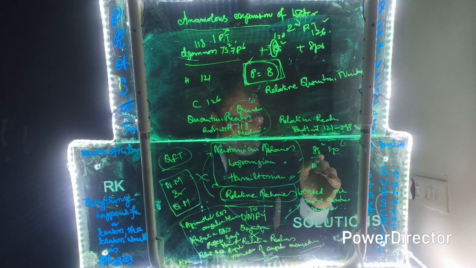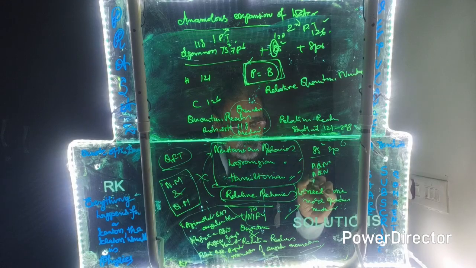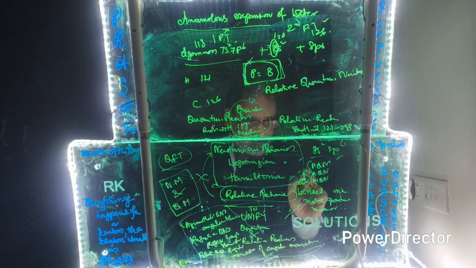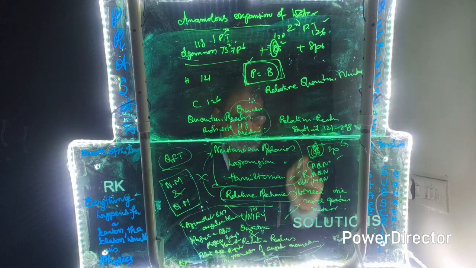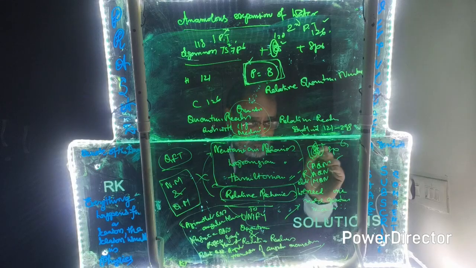So you need the principal quantum number, azimuthal quantum number, magnetic quantum number, all relative. Relative quantum number, relative principal quantum number, relative azimuthal quantum number, relative magnetic quantum number. You need them because this is the principal, and to come up with the energy of S and P, you need azimuthal.